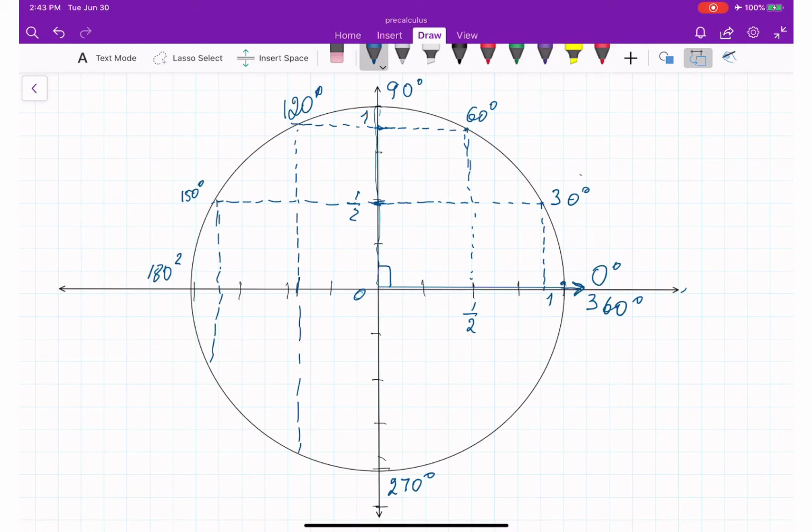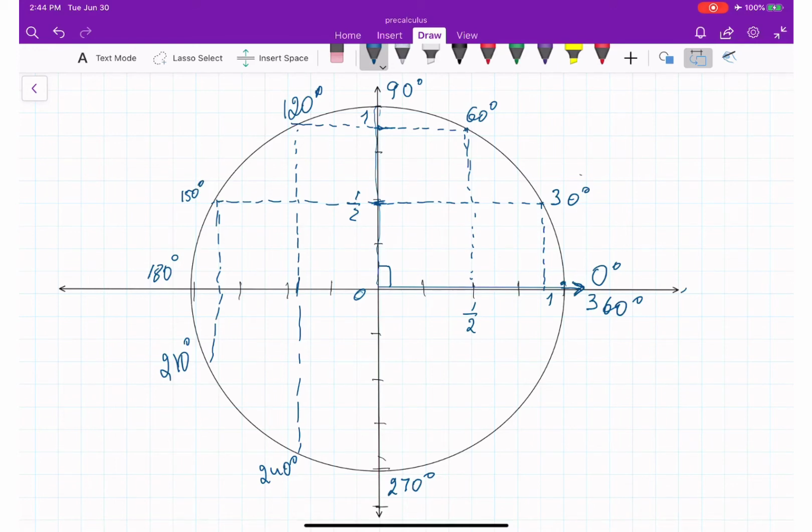So it's going to be 180 plus 30, it's going to be 210 degrees. And 210 degrees plus 30 will be 240 degrees. 240 plus 30 degrees, it's going to be 270.